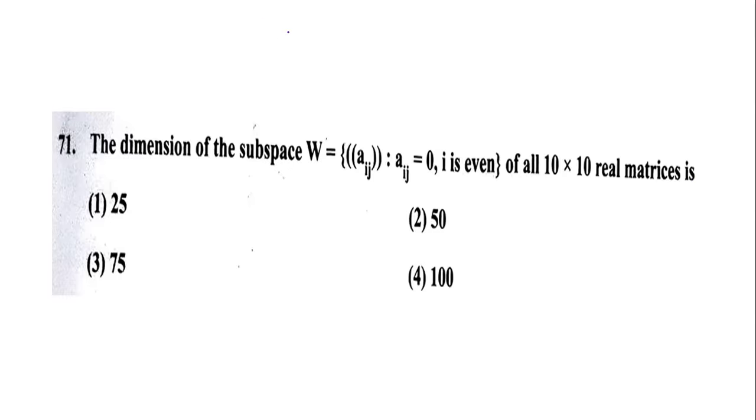That means it is in the form of A11, A12, A13 and so on, A110. Here A21, i is even means 0, 0, 0 and so on.